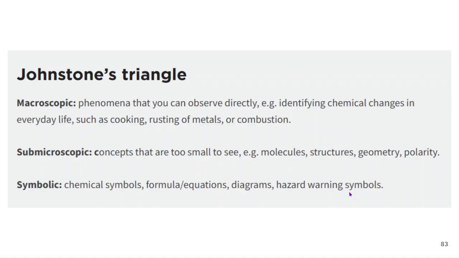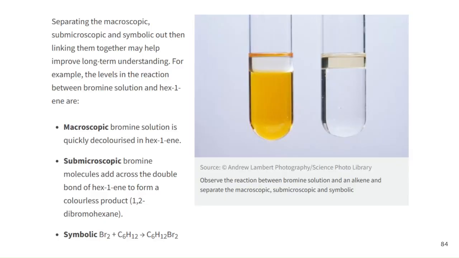So I'm going to give you an example, and then I'm going to go back to that triangle and have you fill it in. So, for example, if we are observing a reaction between a bromine solution and an alkene, let's think about that. Separating the macroscopic, submicroscopic, and symbolic out and then linking them together can improve long-term understanding.